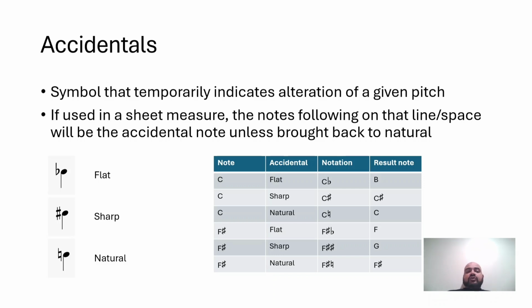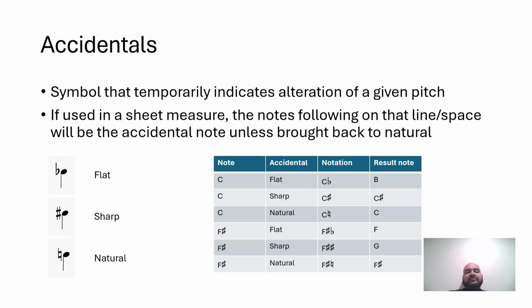Accidentals, you have seen this before in this tutorial series. In the G major scale, you know that the F note is an F sharp. But accidental, definition wise, means a symbol that temporarily indicates alteration of a given pitch. So if you have a note in a measure somewhere, and for the duration of that note you need to play the sharp or the flat note, you can use an accidental symbol as shown over here.